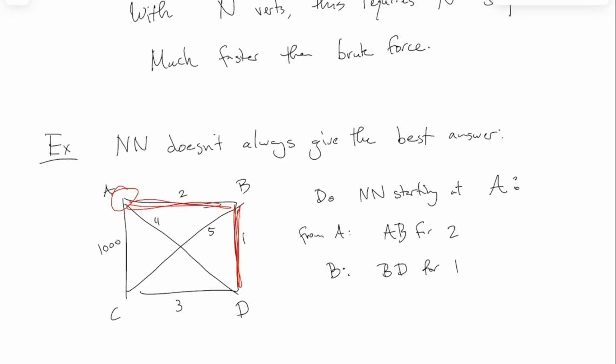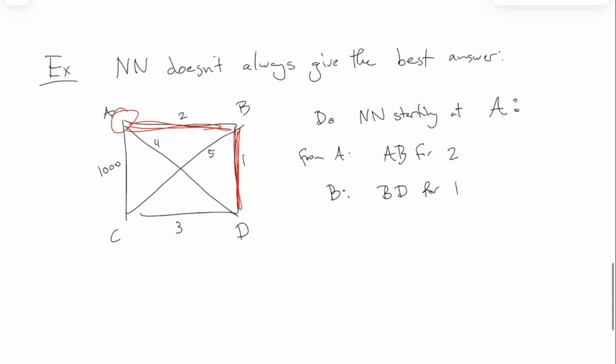At this point, actually, we can't go back to A because that makes a subcircuit, so we have to go across to C. And then the only way to finish will be to take the 1,000, which is a bad idea, but that's sort of what happens when we're doing the nearest neighbor. So from D, I go D to C for 3, and then from C, I have to go C to A for 1,000. All right? Just because by the time you get to C, there's no other way to finish at that point.